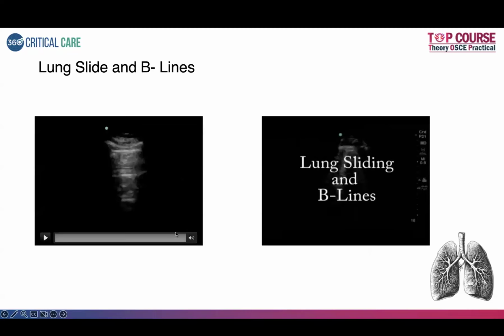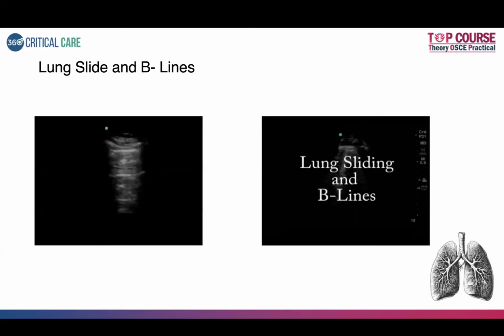Then presence of lung sliding. This is one thing which most of you would know, because if lung slide is present and if B lines are also present, then it rules out pneumothorax, because for a pneumothorax to be there, there has to be air within the pleural cavity. If there is air in the pleural cavity, the underlying lung structures will not be visualized because the air doesn't allow the transmission of the underlying structures.